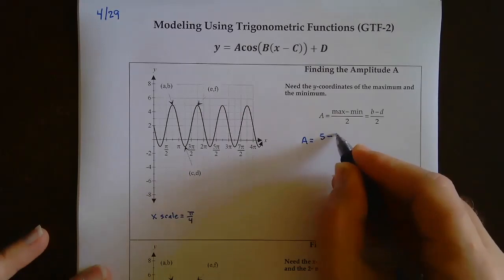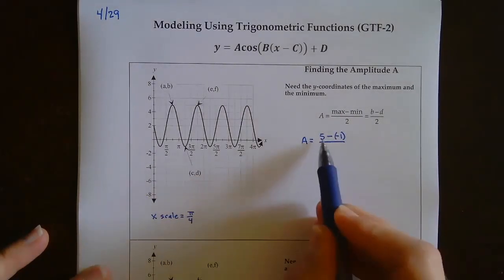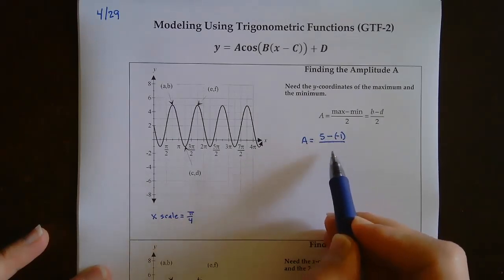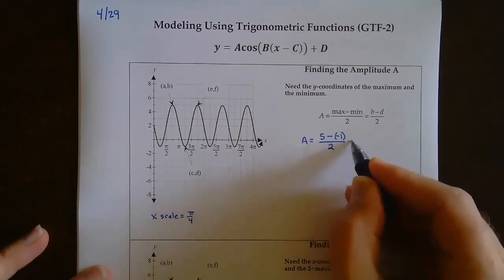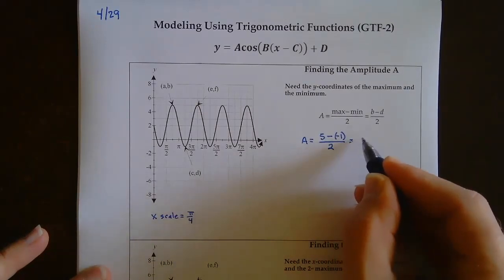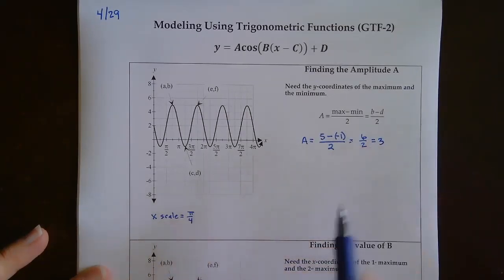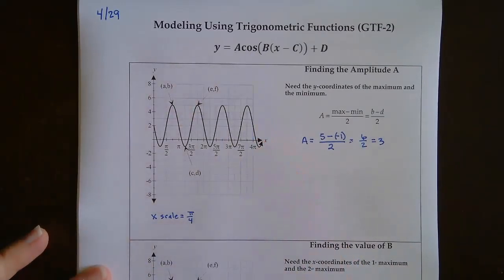So this is 5 minus -1. That's going to give us the distance between the max and the min, and our amplitude is always going to be half that. So this would be 5 plus 1, which is 6 over 2, which is equal to 3. So in our formula, A cosine, we now know it's 3 times cosine.